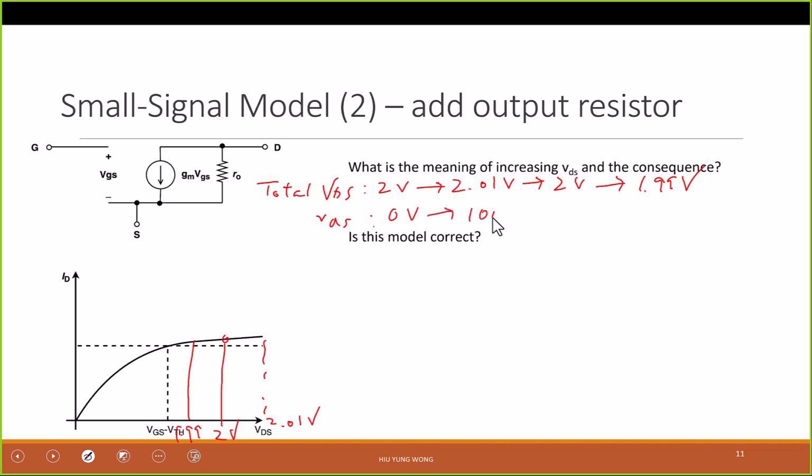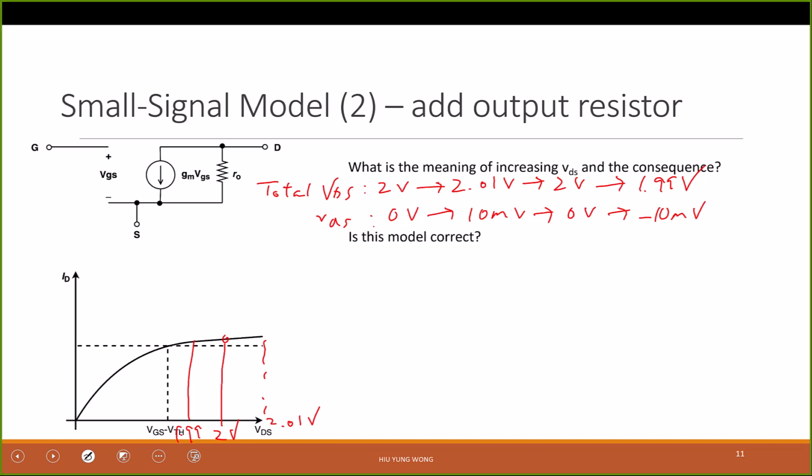It becomes 10 millivolts, go back to 0 volt, becomes negative 10 millivolts again. Is that okay? Because for small signal, we're talking about the difference with reference to the DC value.